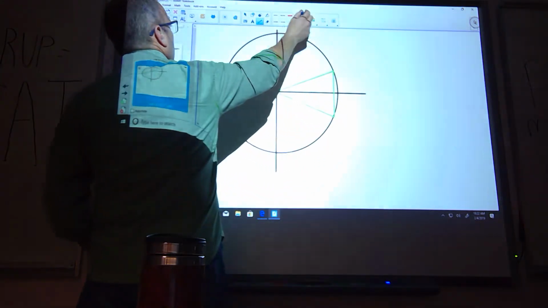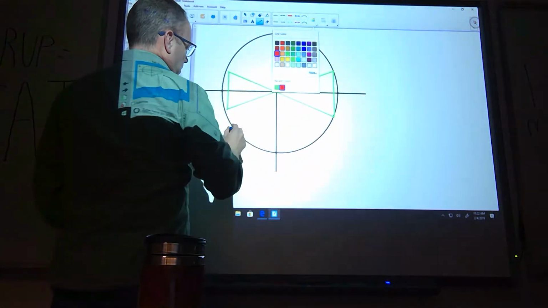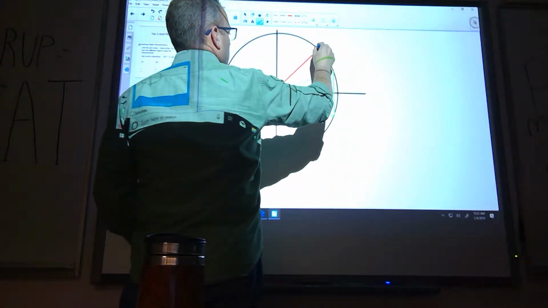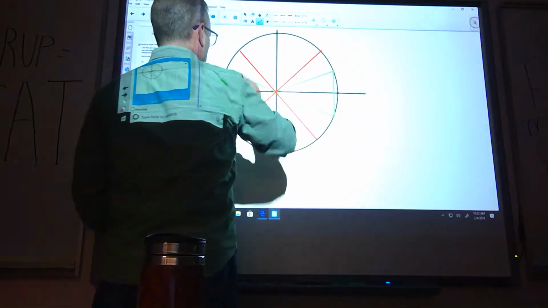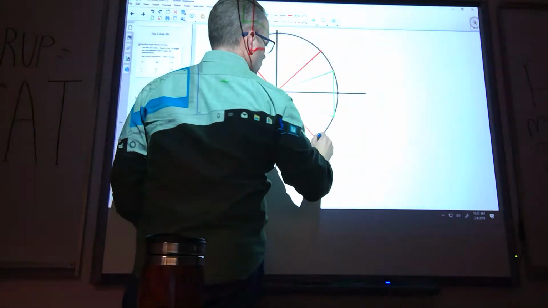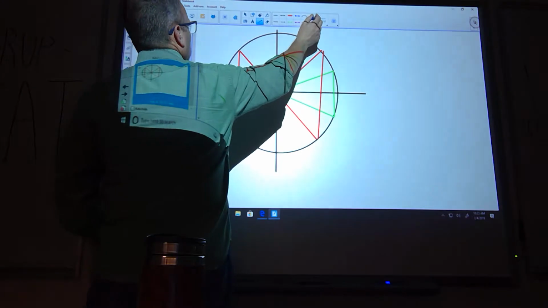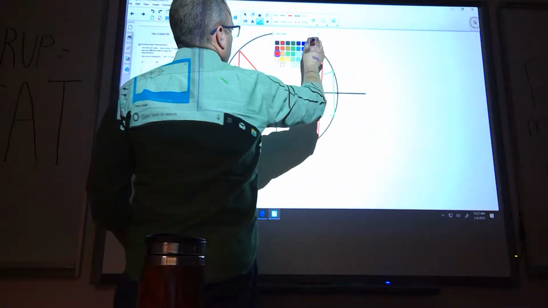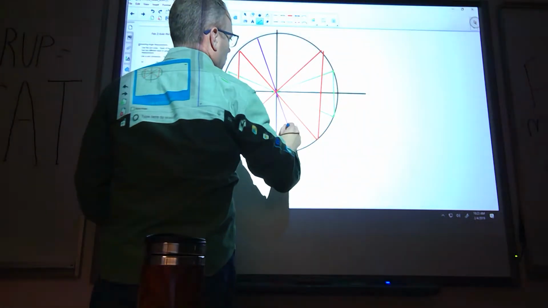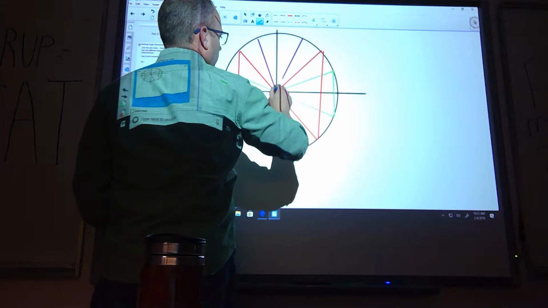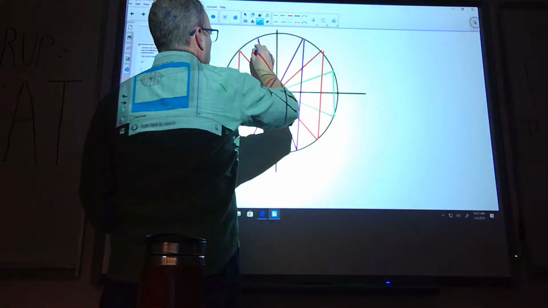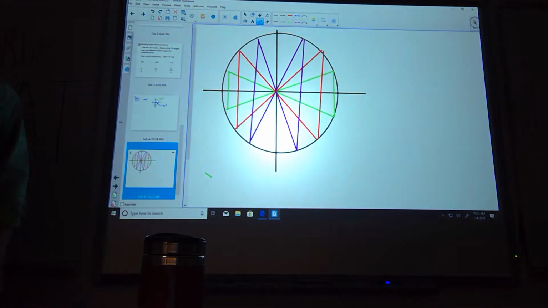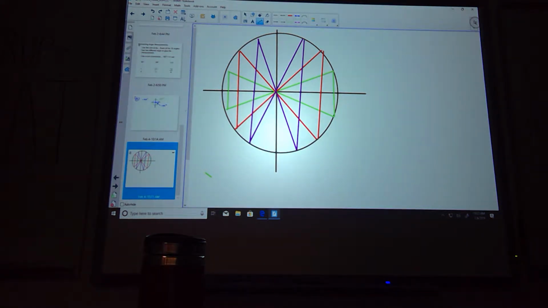Let's look at the X-axis. Okay, so this looks like a whole fancy thing that you would have drawn and put on the fridge for mom when you came home from third grade, right?